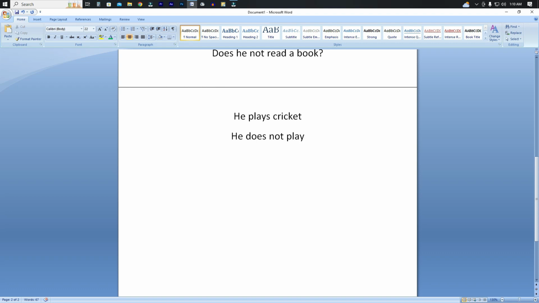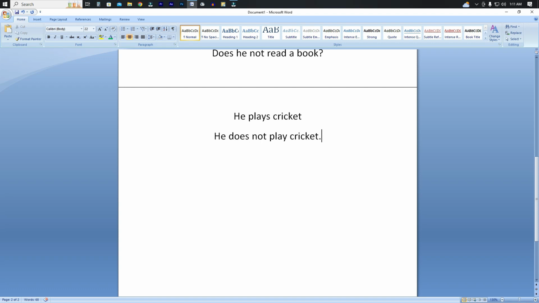So "He does not play cricket." You know what the meaning of this sentence is. We have now made the above sentence negative, and if we make it interrogative, then we must write the auxiliary verb first.